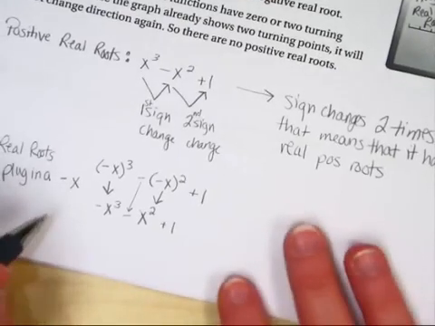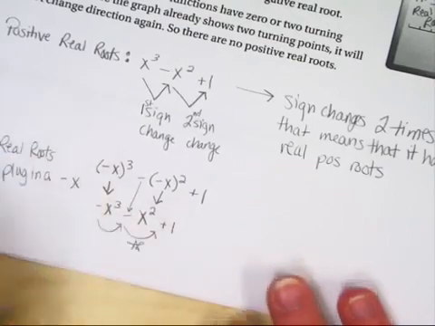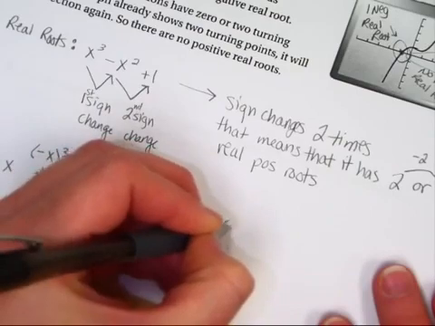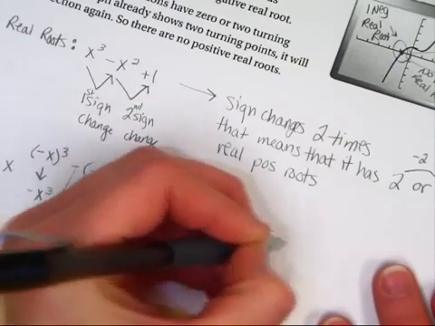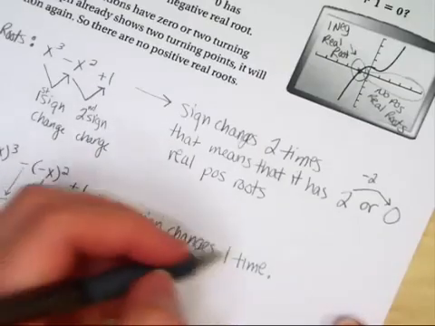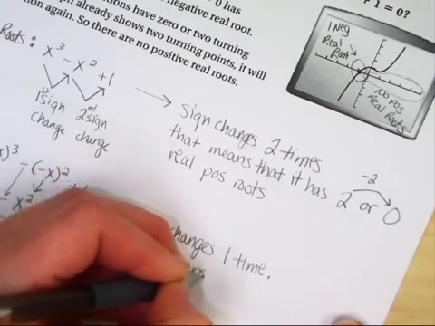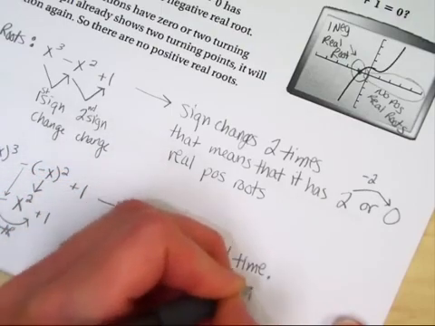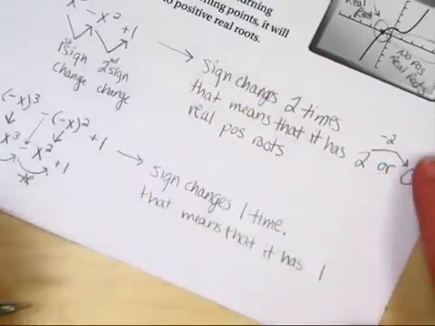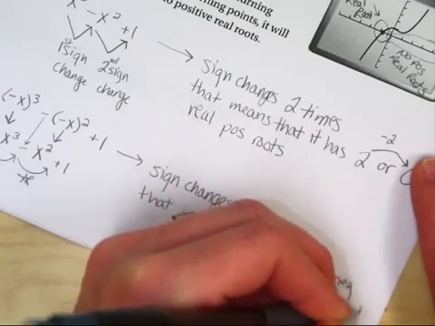So let's count our sign changes. No sign changes there. Here's one sign change. So I'm going to write that the sign changes 1 time. That means that it has 1 negative real root.